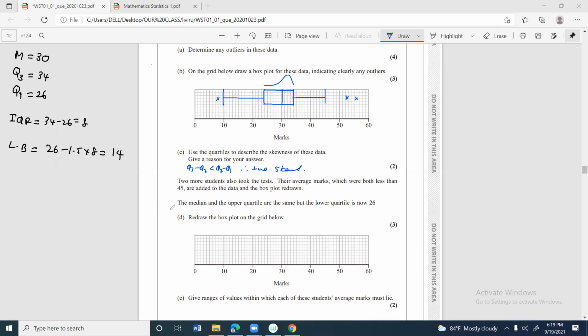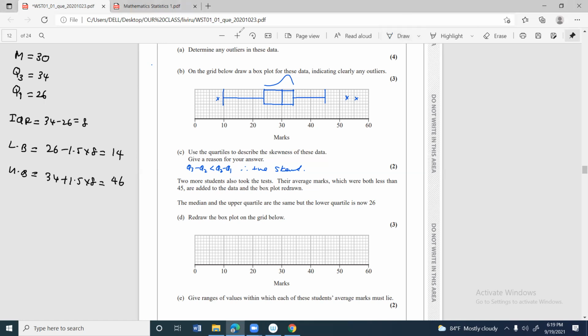Then according to this information, the upper boundary is 34 plus 1.5 times 8, which turns out to be 46. Now let's work with these figures.